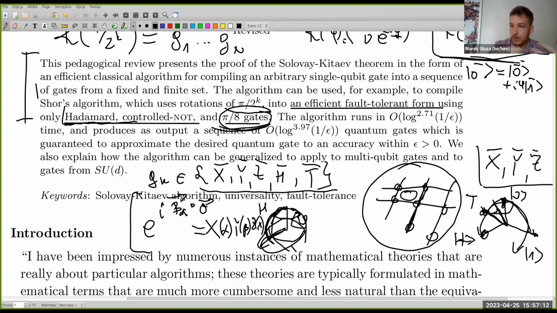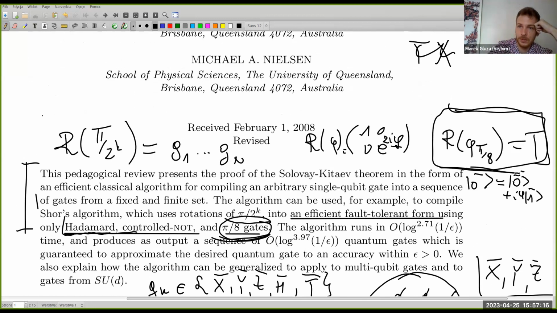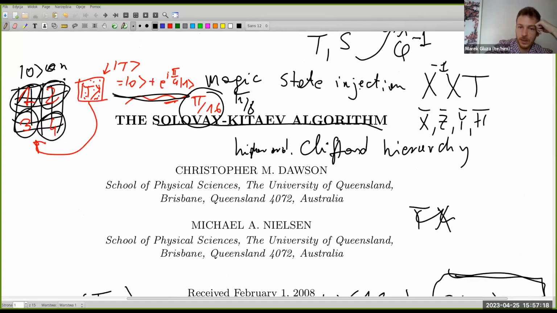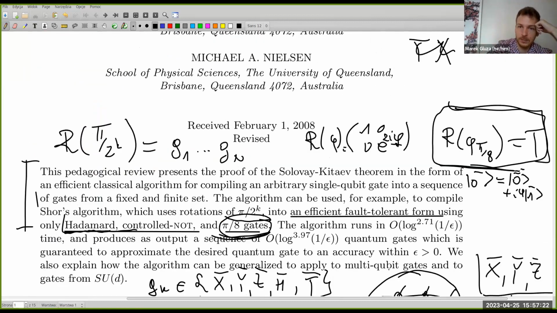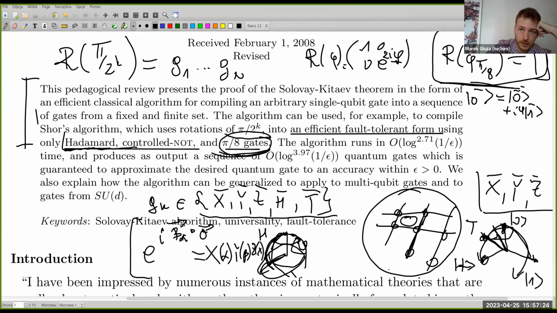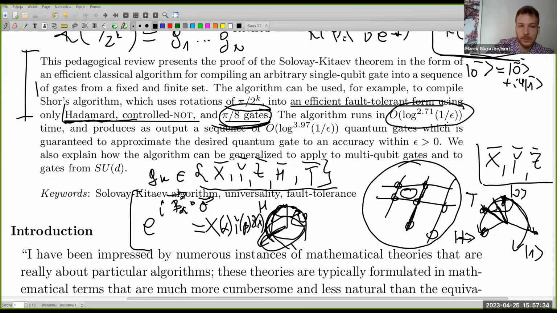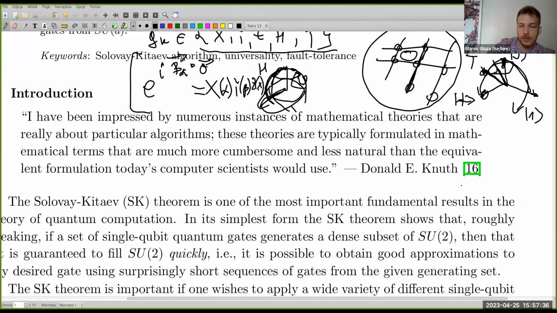Other examples would be that there are many instances where you might want to compile something, for example those corrections with higher order Clifford hierarchy. You could algorithmically try to do it. So the algorithm runs in some time, and the time is in terms of epsilon, which means how well I want to approximate.